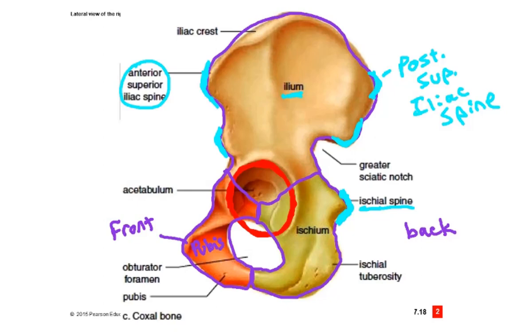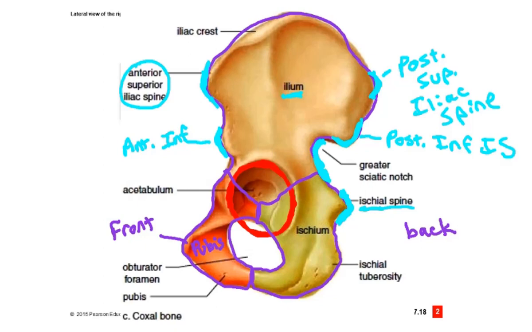And just like the anterior inferior iliac spine, this is the posterior inferior iliac spine. And you know, the greater sciatic notch is the big notch between the ilium and the ischium. So you go down below the iliac spines and it makes this big notch, and then below that is the ischial spine because you're in the ischium now.